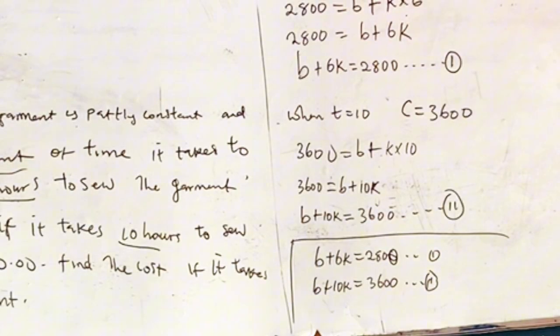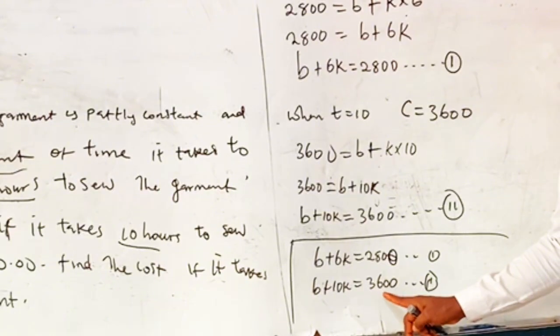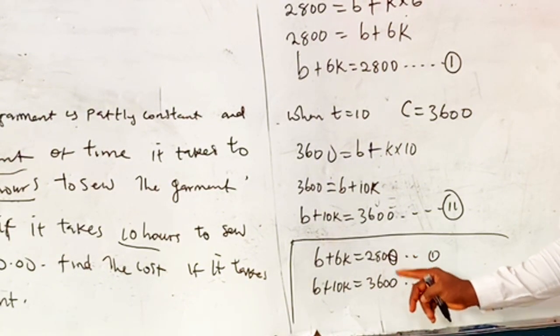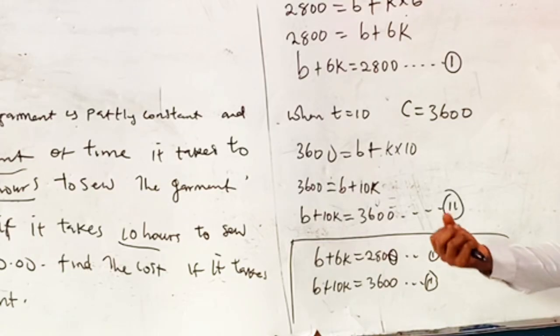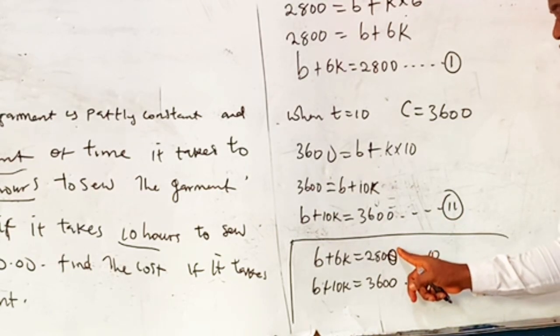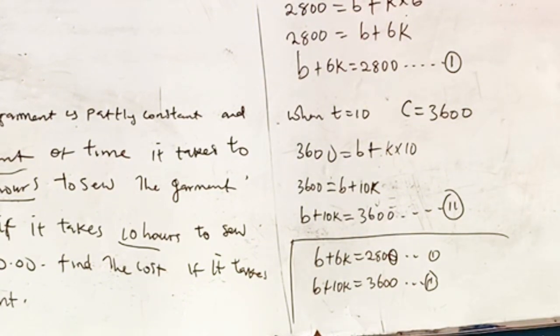Okay, but when we look here, you can see that this equation is bigger than this equation because this is equal to 3,600 and this is equal to 2,800. So we're going to subtract the smaller equation from the bigger equation. Are you paying attention? Subtract the smaller equation from the bigger equation. So equation 1 is the smaller one.